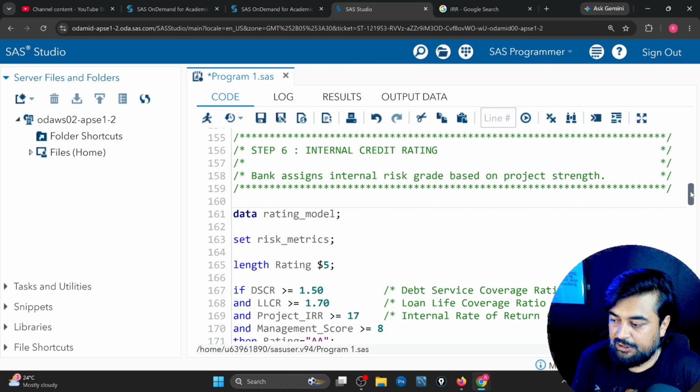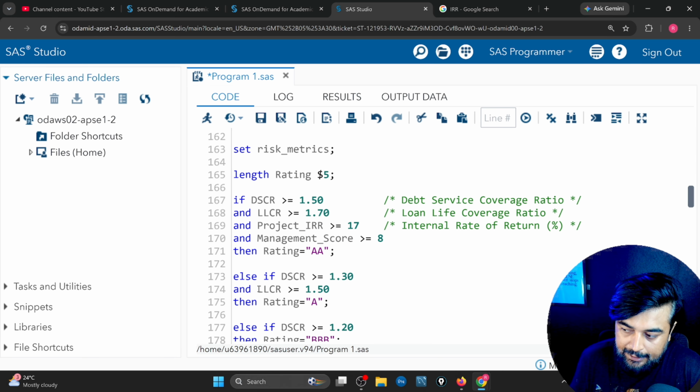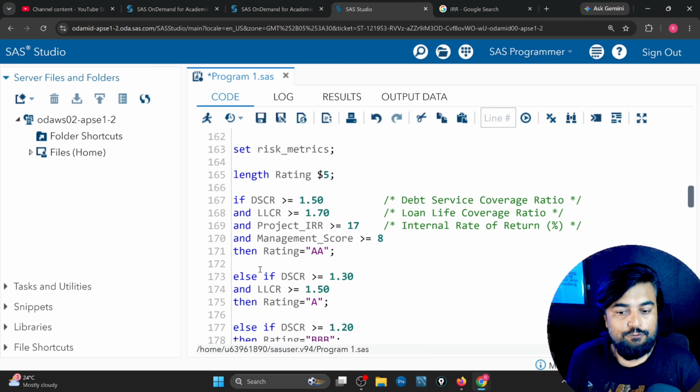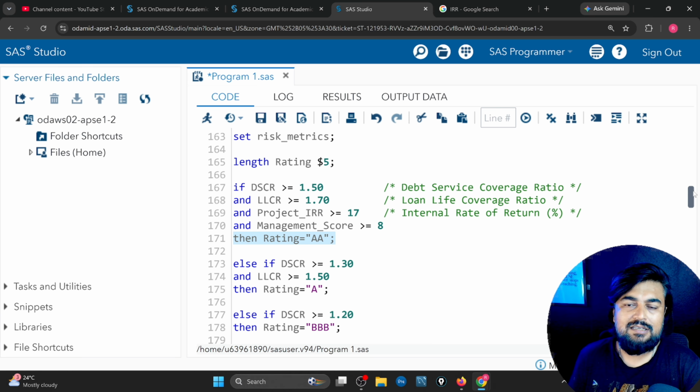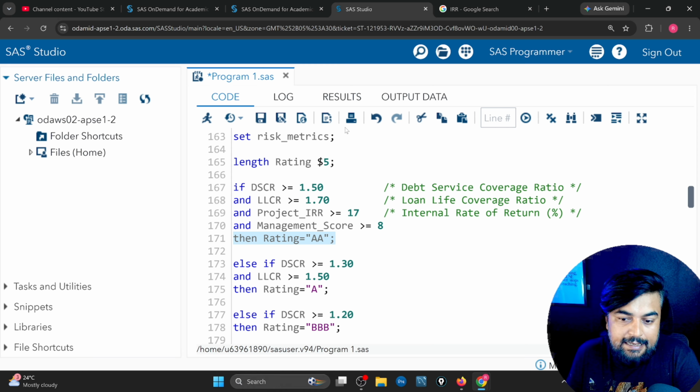Internal credit rating: you will assign the internal credit rating to the company on the basis of various parameters. Because this is a very big company, usually for such cases the rating will be AAA or AA at least. If you go for a small builder making something very small, with not much history in infrastructure and construction, they will give a rating of, let's say, B or maybe lower, not an A rating for sure.